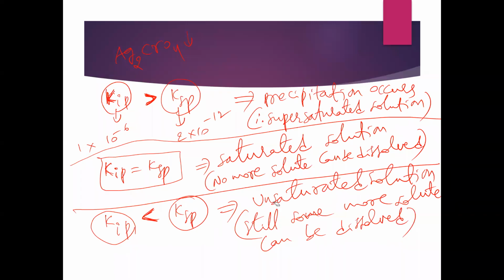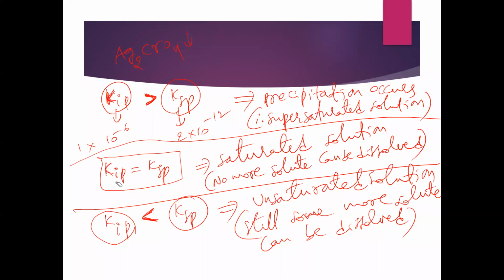When the unsaturated solution of the salt is formed, if the ionic product of the salt is lesser than the solubility product, the solution formed is called an unsaturated solution, in which still some more quantity of the solute can be dissolved. That's why it is called unsaturated. It can still dissolve some more amount of solute in it.